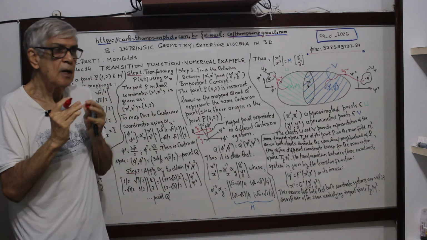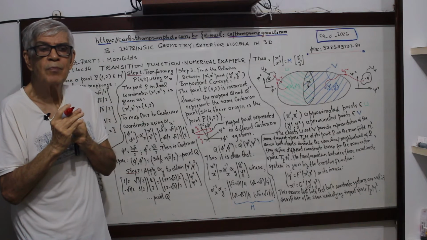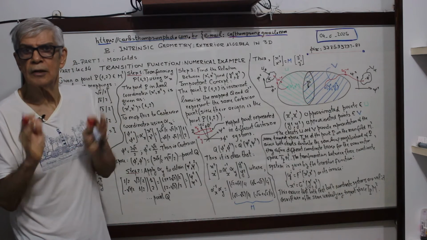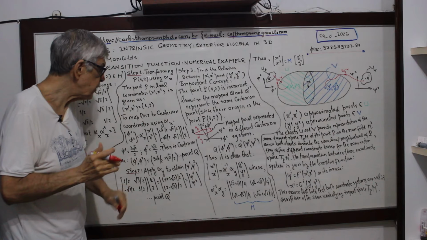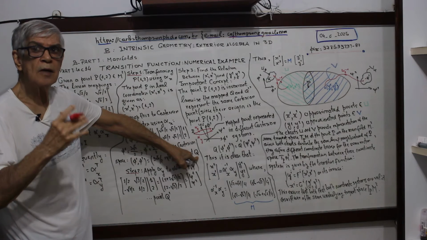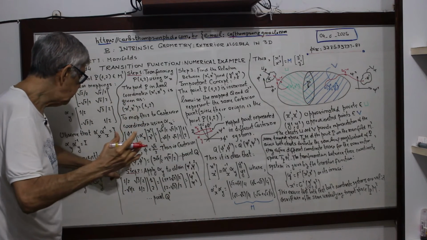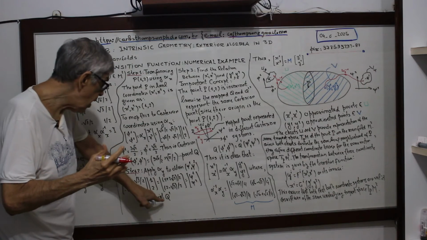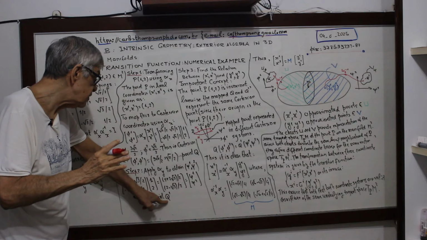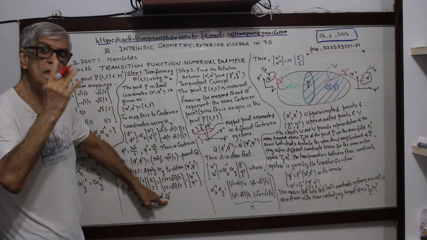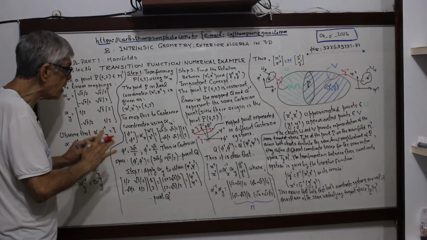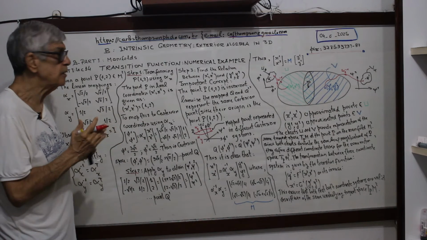What does invariant mean? It doesn't depend on substituting one coordinate system by another. So Q here is related to one coordinate system, phi1 and phi2, and Q prime is the same point represented in another coordinate system, psi1 and psi2. I think it's clear when I emphasize the concept of invariant.